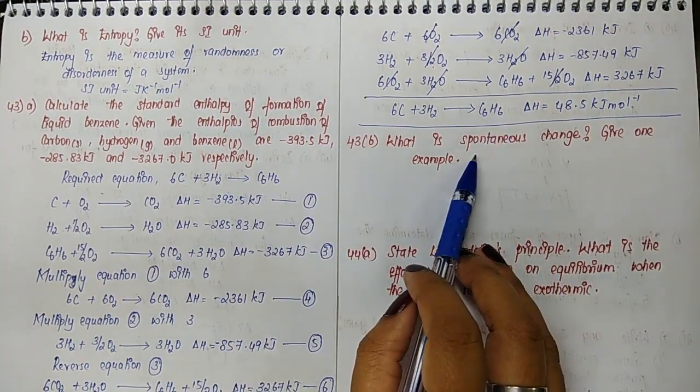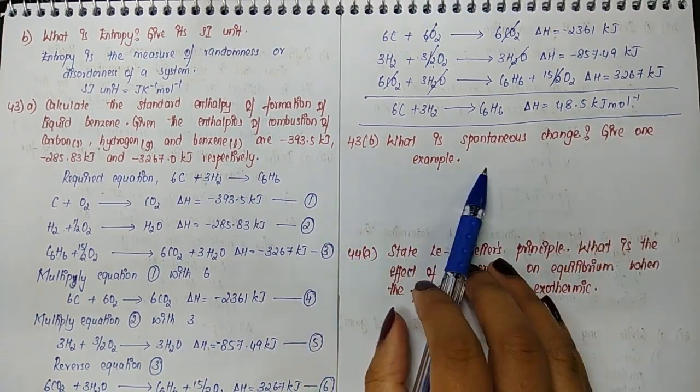Now the same question, B part, is a 2-mark question. What is a spontaneous change in the given example?